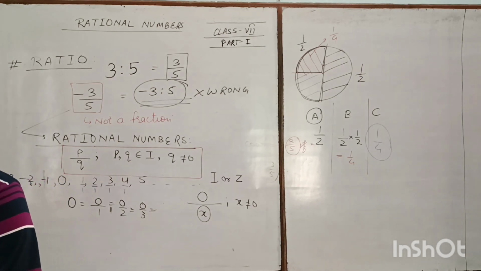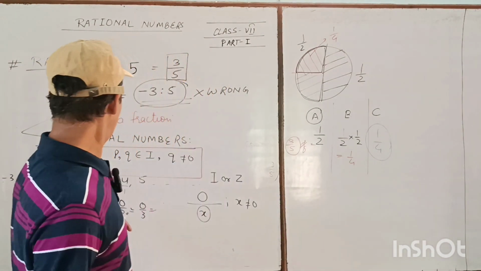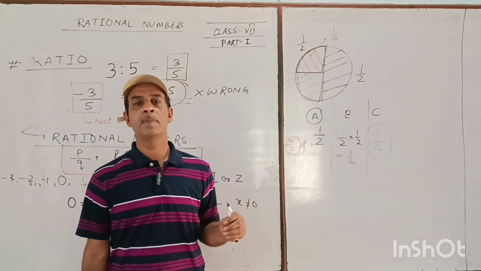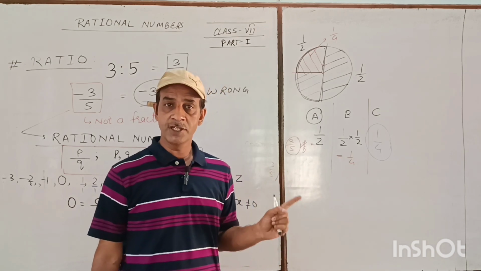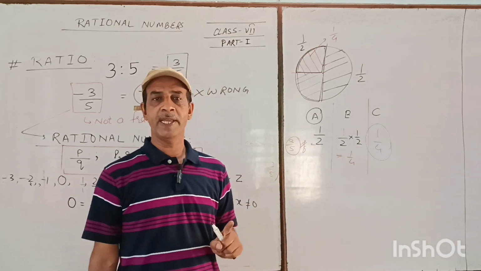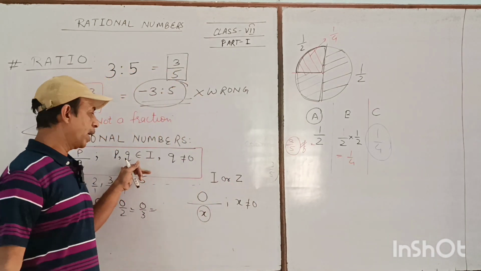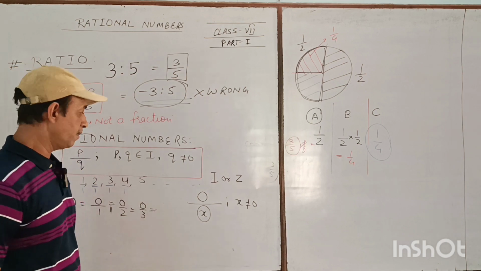So what we have seen is that all natural numbers, whole numbers and integers are rational numbers because they can be expressed in the form of p upon q, where p and q are integers and q is not equal to 0.